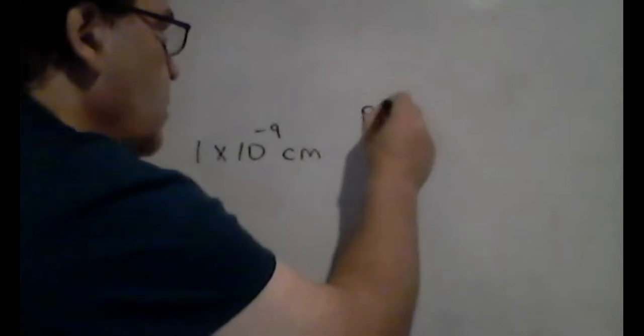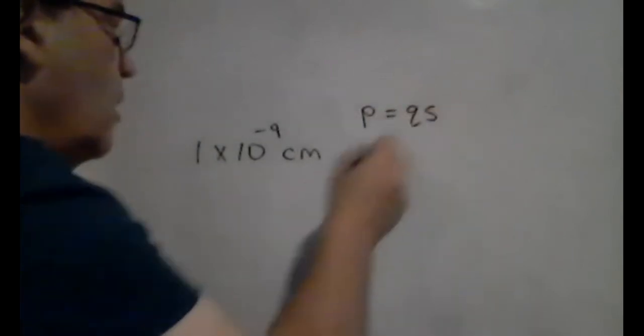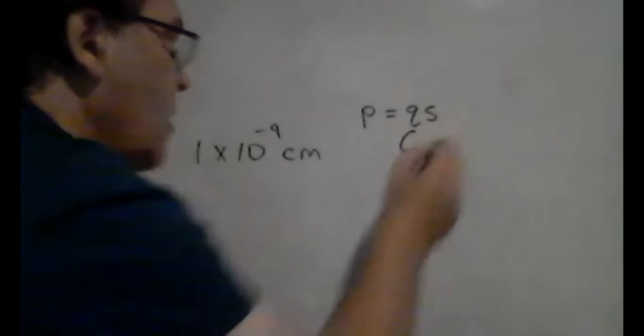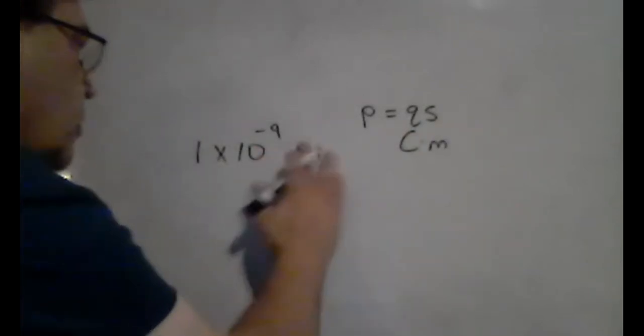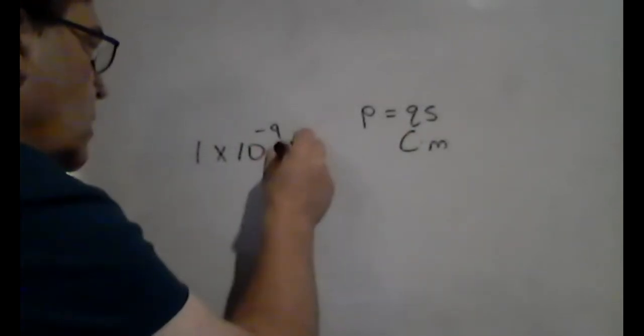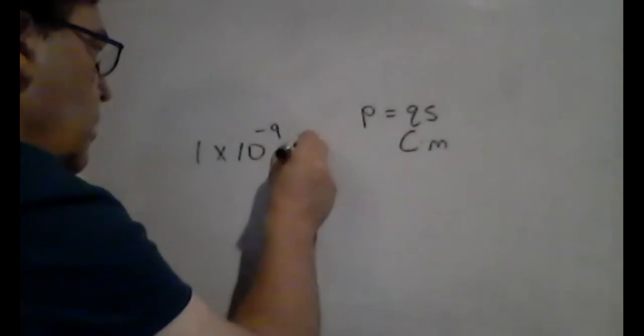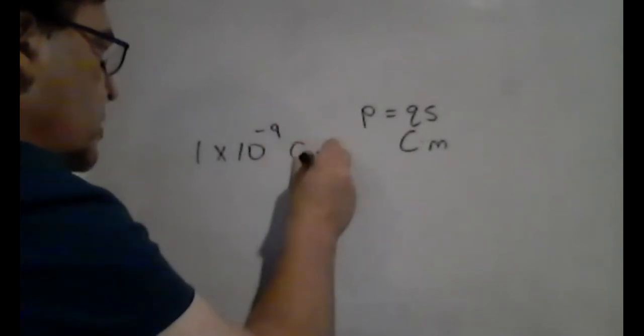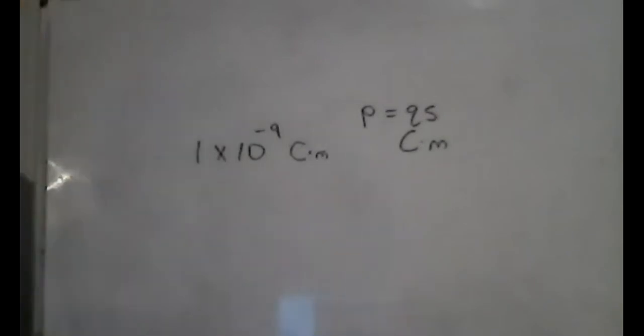Remember, it's talking about a dipole, so it's really QS, Coulomb meter. I corrected the lab and sent it back to them, but it should be a capital C with a little dot, little m. The way he wrote it out looks like centimeters.